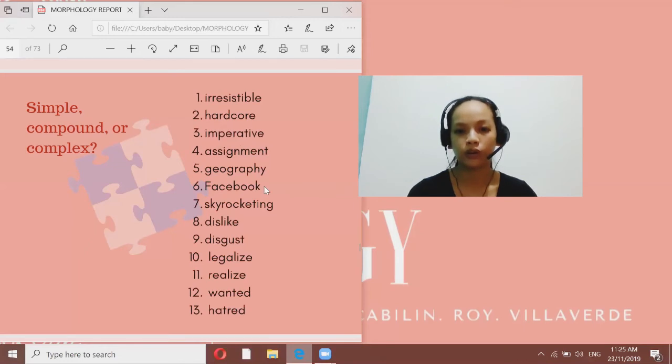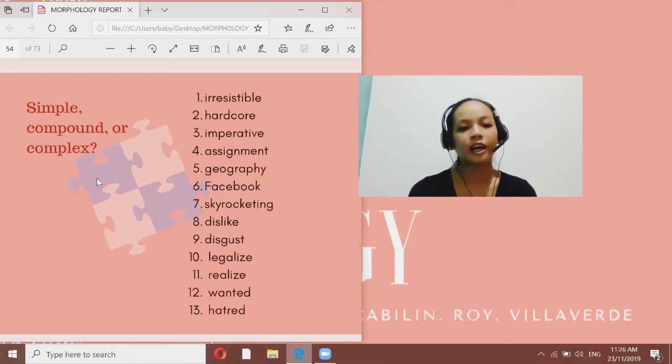Facebook. We put the words face and book together, making a compound word. Skyrocketing. These are composed of three morphemes: sky, rocket, and then ing. So it's complex.